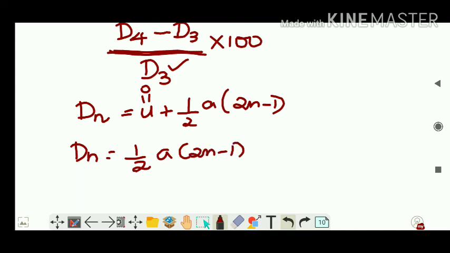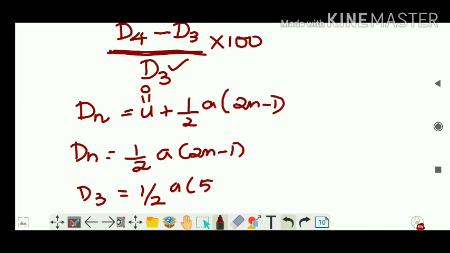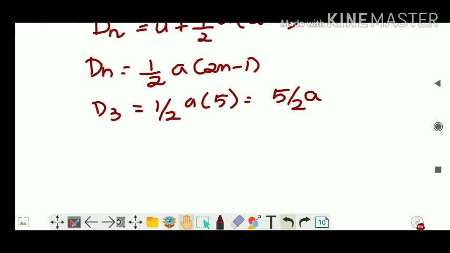Now what will be d3, the 3rd second displacement? It will be half into a into 2 into 3 is 6, 6 minus 1 is 5. So I will write it as 5 by 2a. Now d4 will be half into a into 2 into 4 is 8, 8 minus 1 is 7. So it will be 7 by 2a.